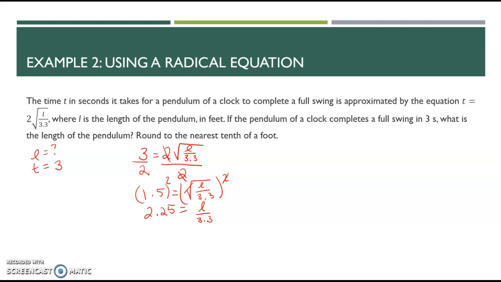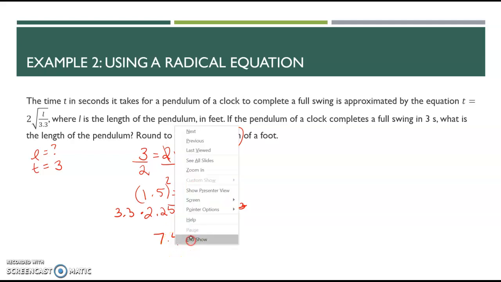From here, this is division, so the opposite of dividing is to multiply by 3.3. So those will go away. And then 3.3 times 2.25 is 7.425.